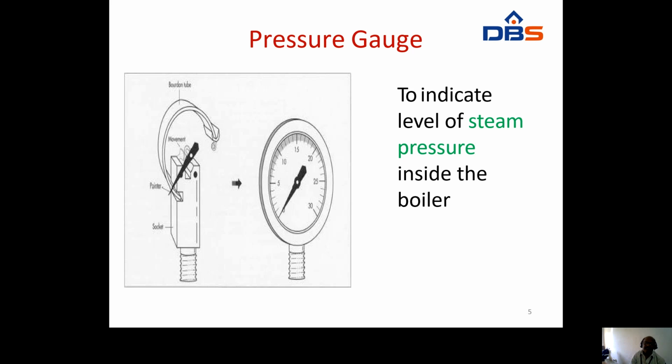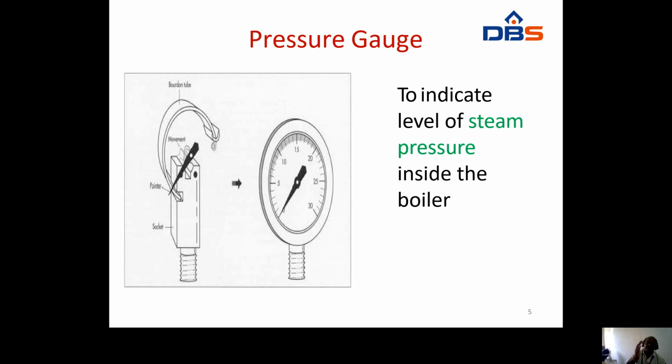Next one is the pressure gauge. This is a Bourdon tube pressure gauge. The pressure gauge is meant to know the pressure of the steam; it indicates the steam pressure inside the boiler.